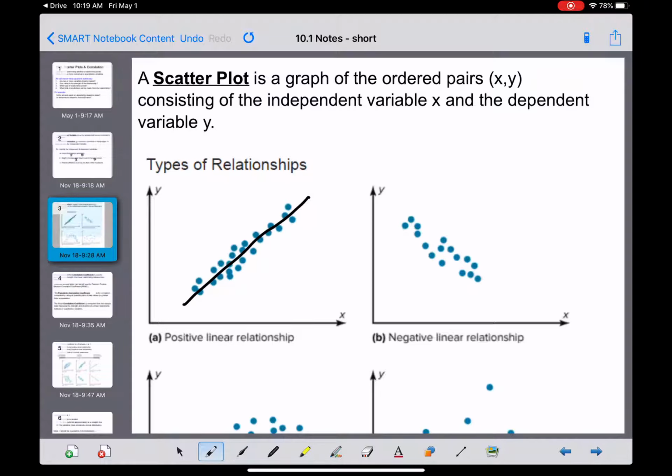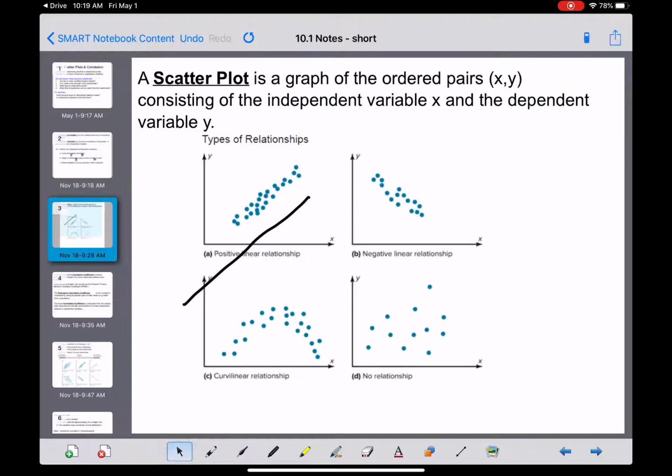This is a negative linear relationship. You could have a curvilinear relationship, or you could have no relationship, so that would just be more scattered. And it could be like, if you have lines, it looks like a linear relationship, but maybe the points are further apart. It's just not as strong of a relationship.